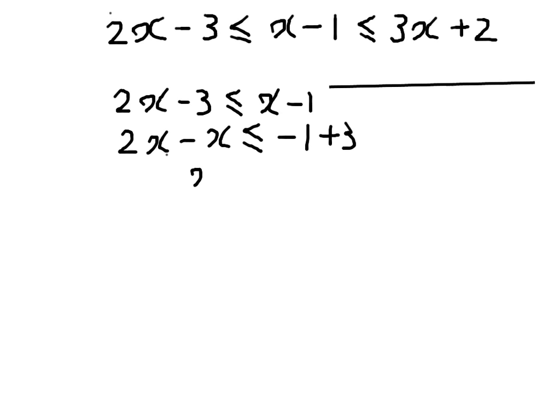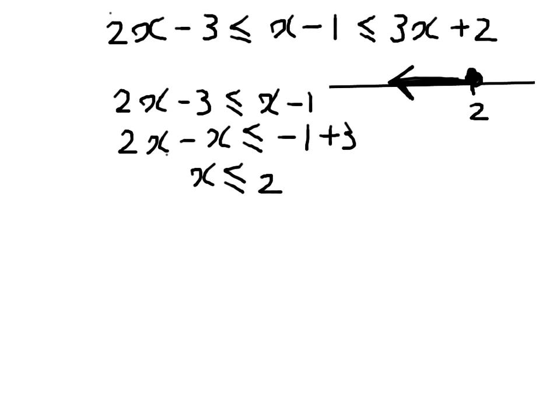So you'll have x is less than or equal to 2. So I'm going to draw this on my number line. So that's my 2, and it includes 2. And x is less than 2, so it's this way.